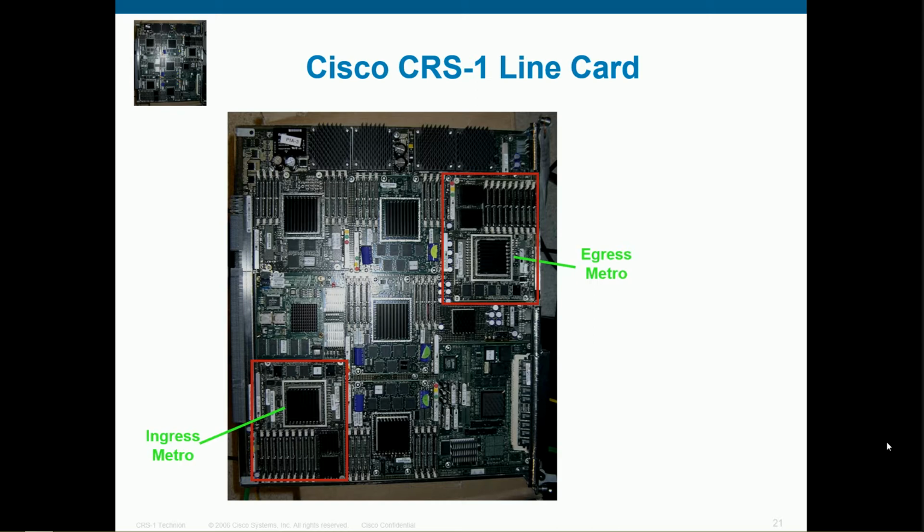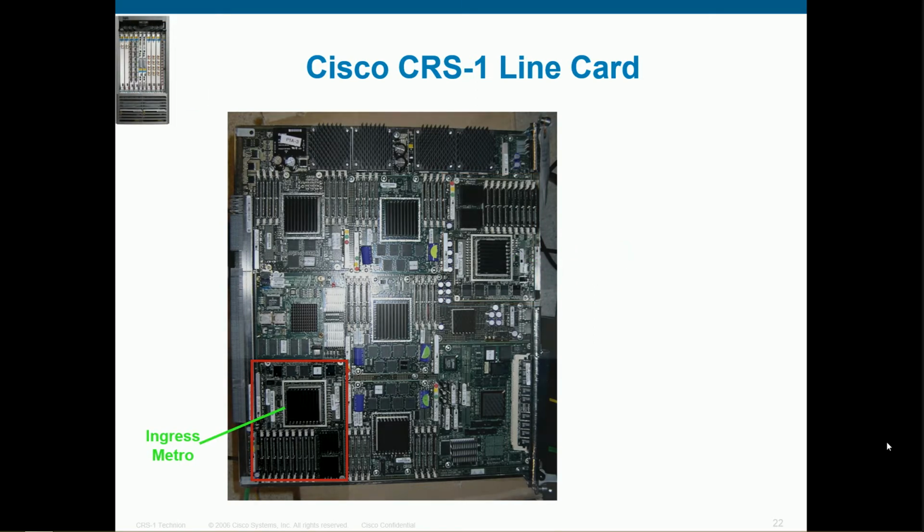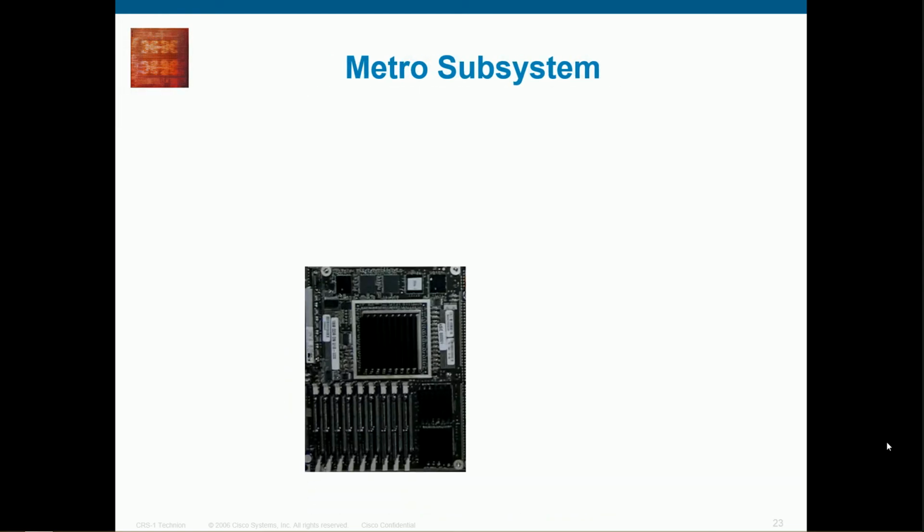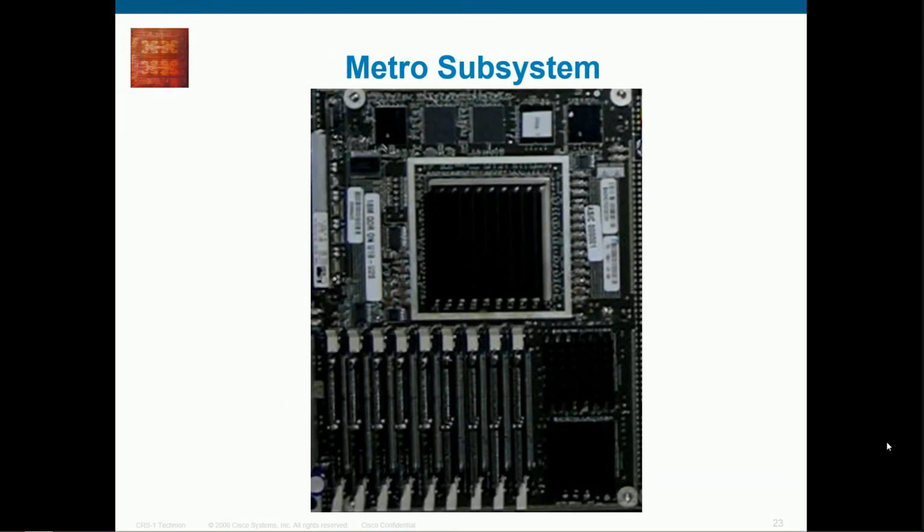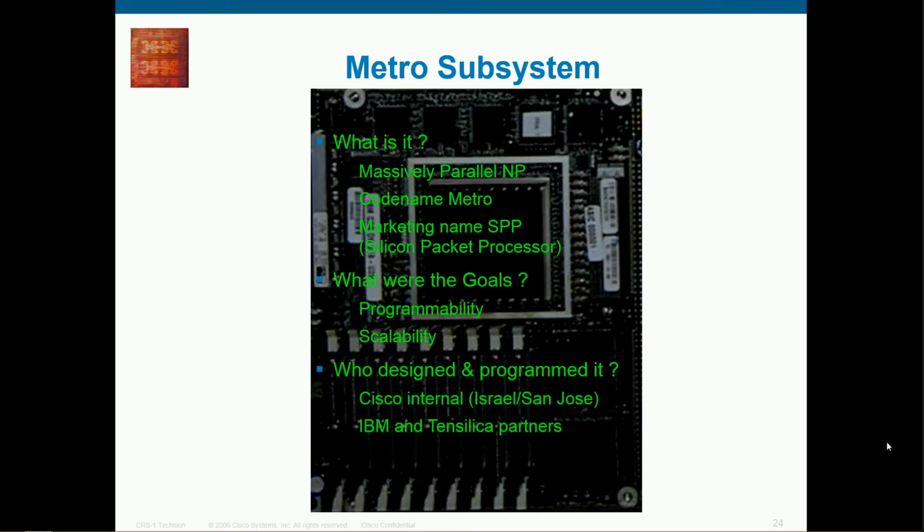Here we have our egress and ingress queues. Notice the additional memory next to our Metro subsystem. But what is it? Our Metro is our massively parallel NP processor.